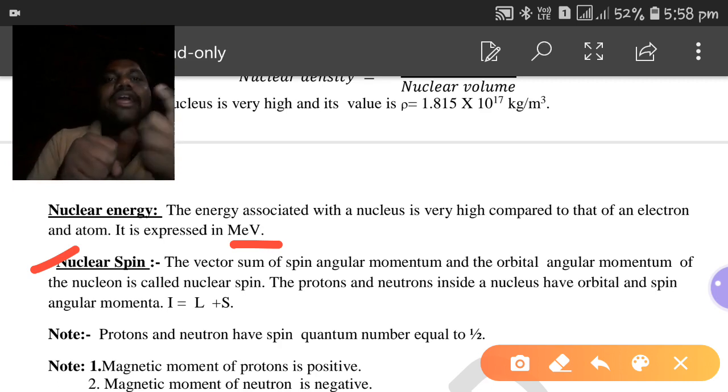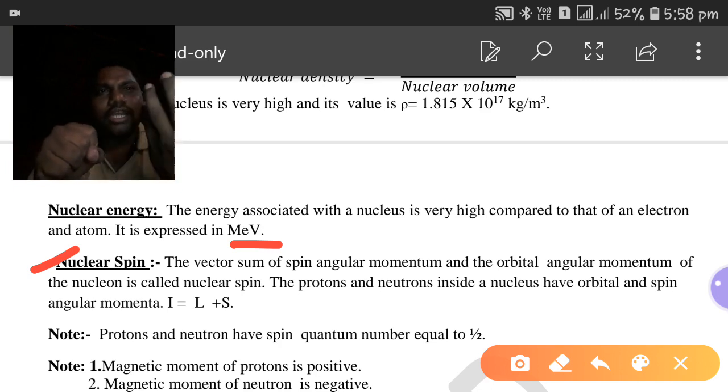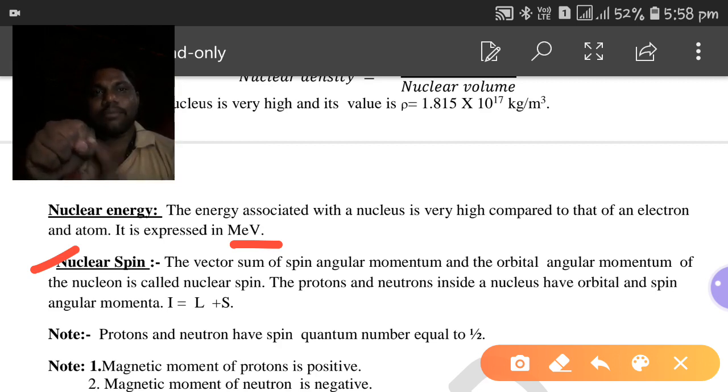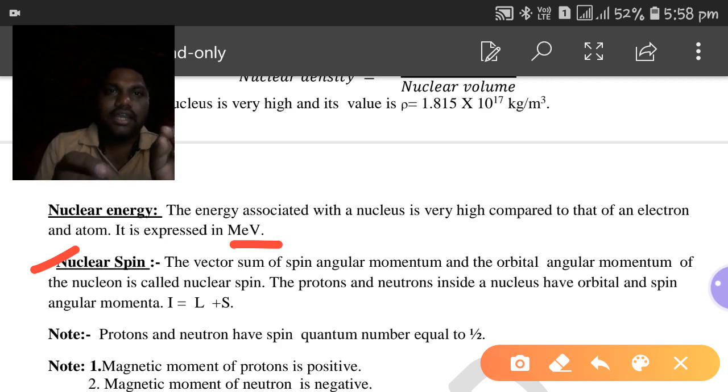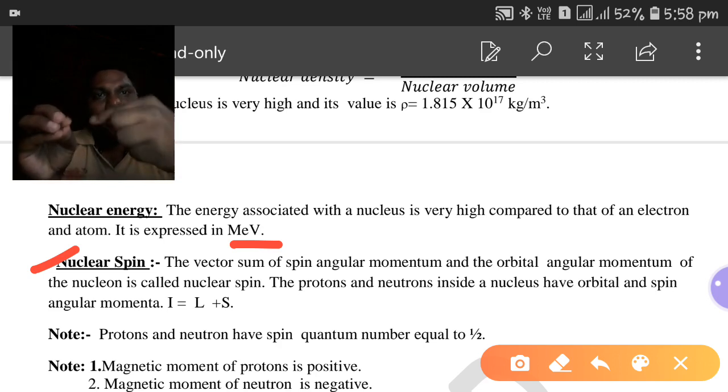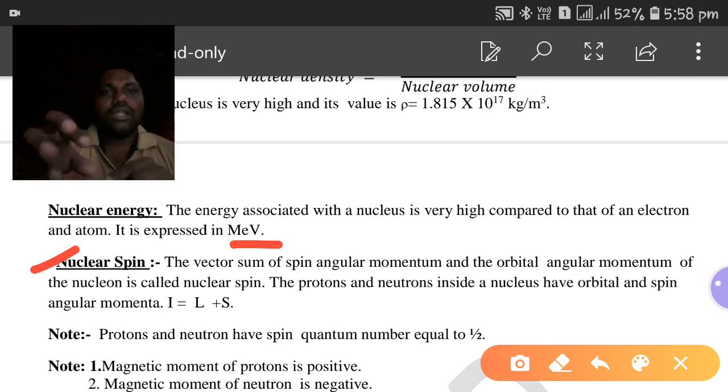There will be relative motion between the nucleus and electron. Listen carefully. As we study the nuclear-centric model, the nucleus is at the center, the electron revolves around the nucleus, and there is relative motion between them. If we study the electron-centric model, there is a possibility that the electron is at the center and the nucleus is revolving around it.